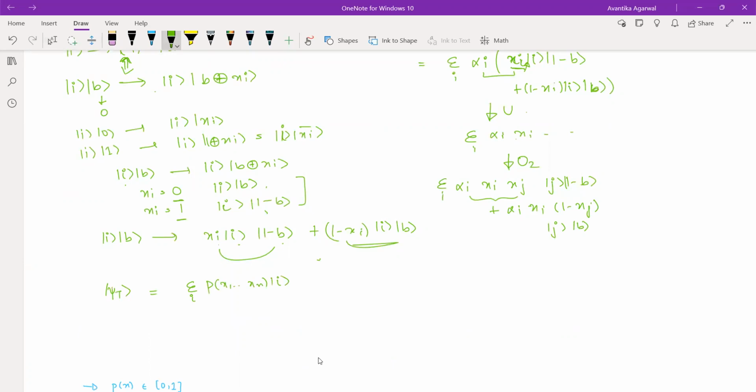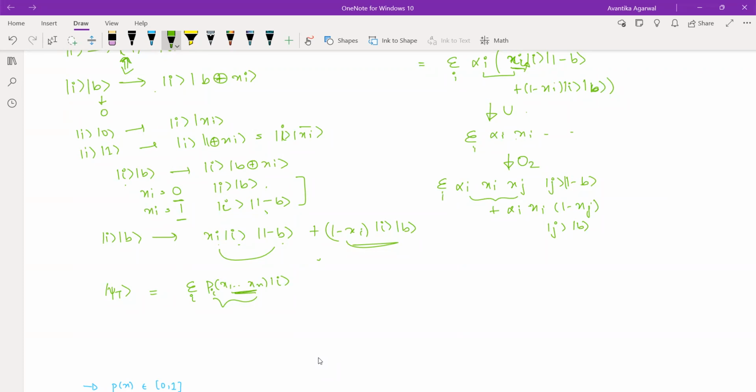This would be our final state, suppose. Then by induction, we can establish that each of these p_i's would be a degree t polynomial at most, because in each query we are increasing the degree of this polynomial by at most 1. So we have shown that these amplitudes are degree t polynomials.